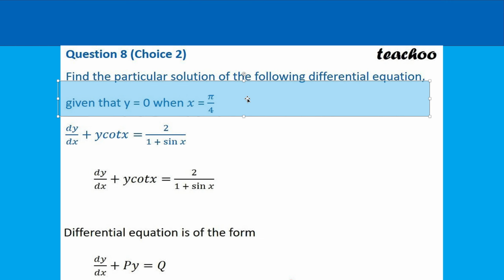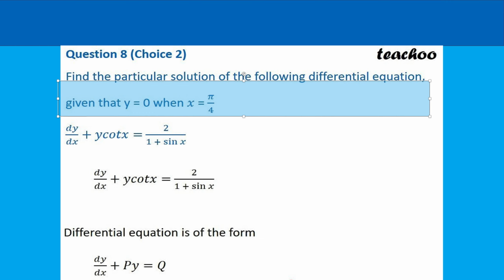Then you're going to compute the integrating factor using the formula exponential raised to integration of p dx, and then you're going to put that value that you will get in the final formula, which is y into the integrating factor. You simply substitute the integrating factor, right? So what you simply do is you say, okay, y into integrating factor equals integration of q into integrating factor dx plus c.